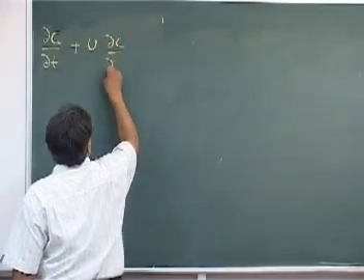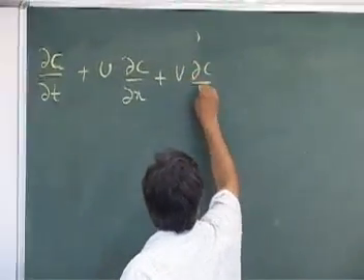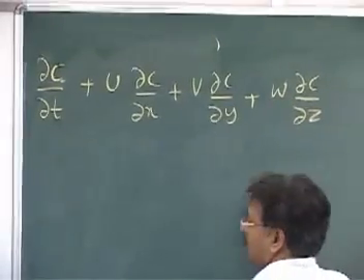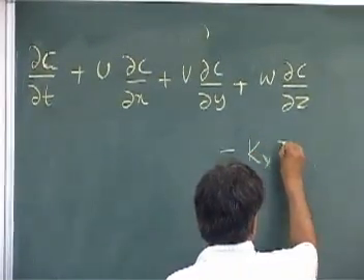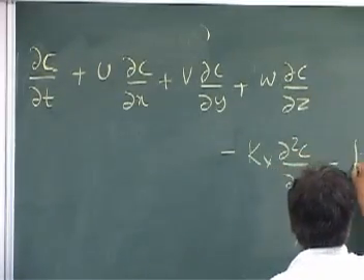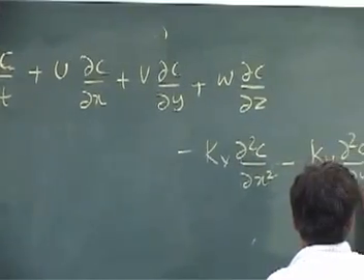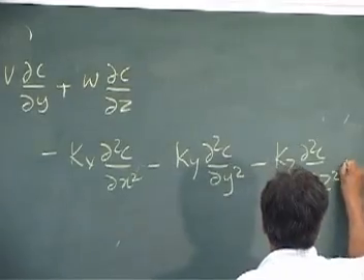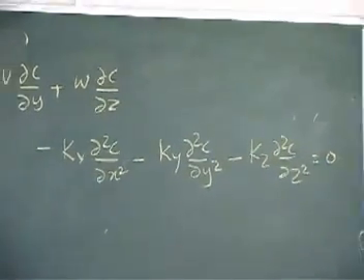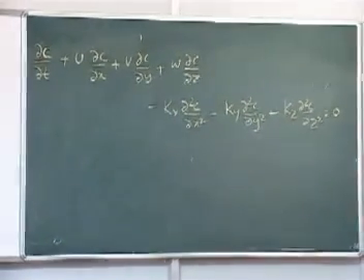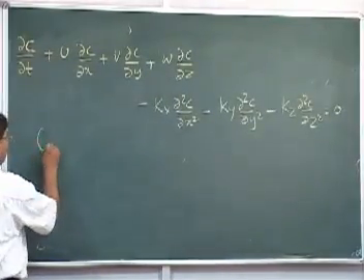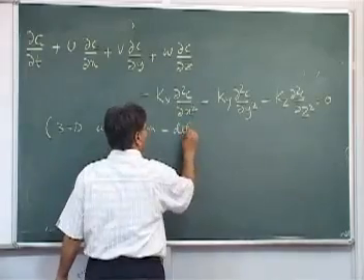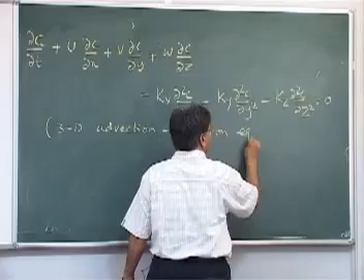Minus Kx del square C by del x square, minus Ky del square C over del y square, minus Kz, and this is our 3-dimensional advection diffusion equation.